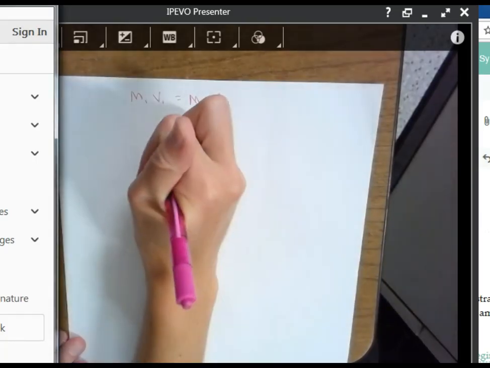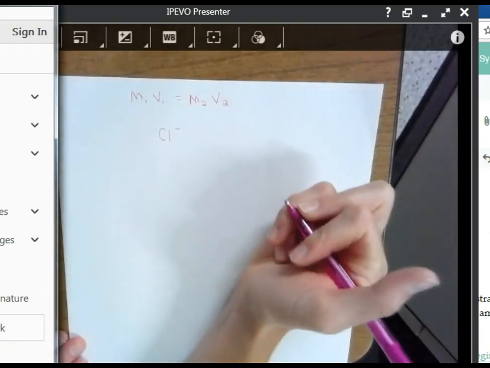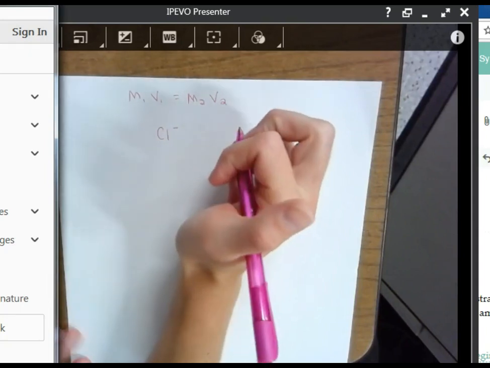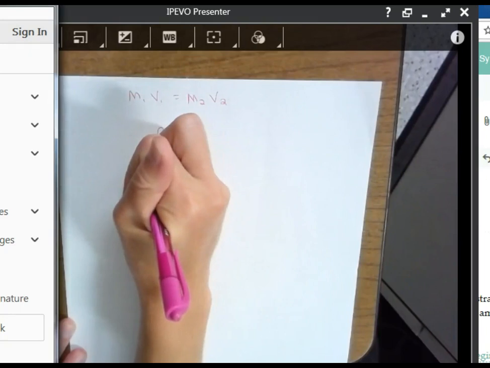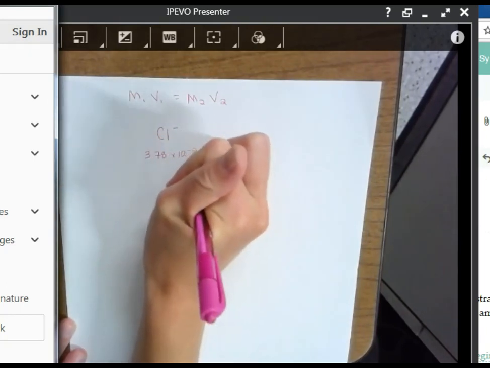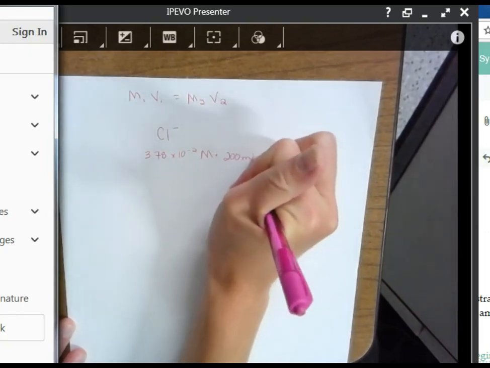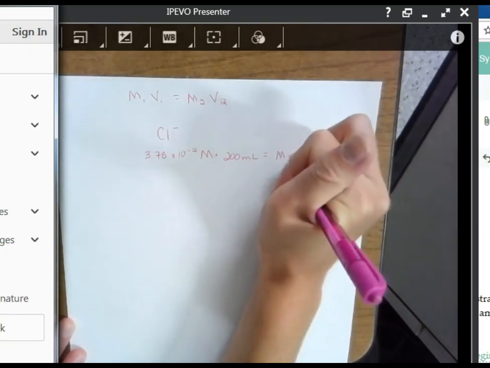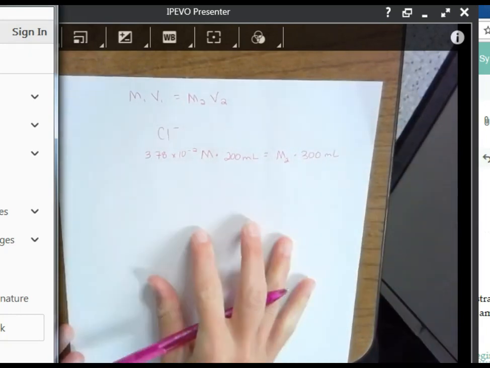Let's start with the chlorine in sodium chloride. There's one chlorine in every one sodium chloride, so the concentration in the beginning is the same. 3.78 times 10 to the negative 2 is my molarity, and I start with 200 milliliters of that. I need to figure out what the molarity is now, M2, that I have 300 milliliters total.